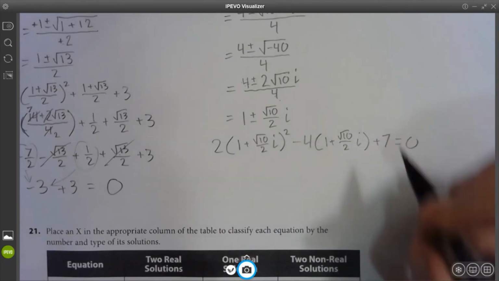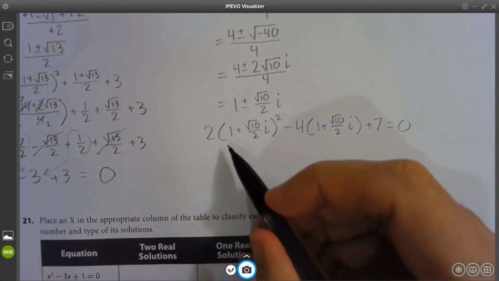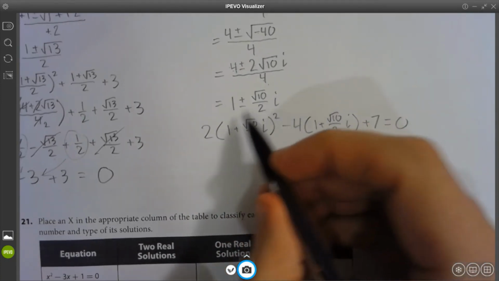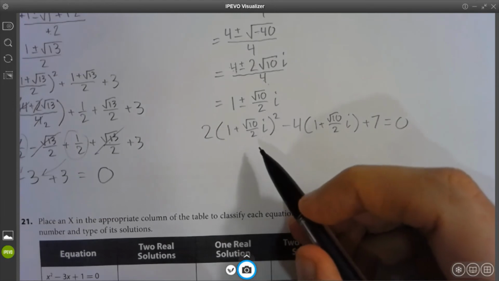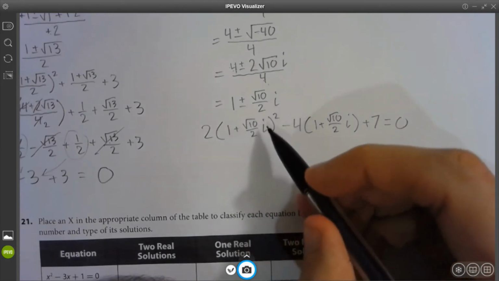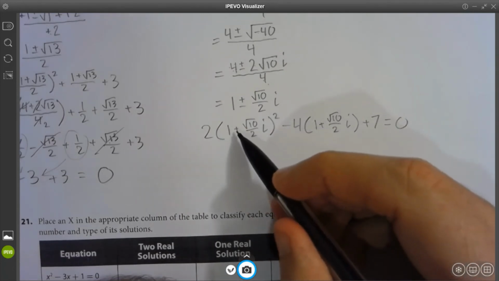So let's begin. I'm not going to have enough space, so I'll just go down on the margin on this side. No big deal. Okay, so I cannot distribute until I square it first. That's part of the distributive property. You can only distribute into parentheses that do not have exponents and that only have addition and subtraction inside.